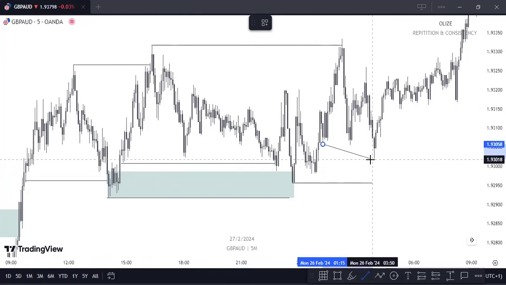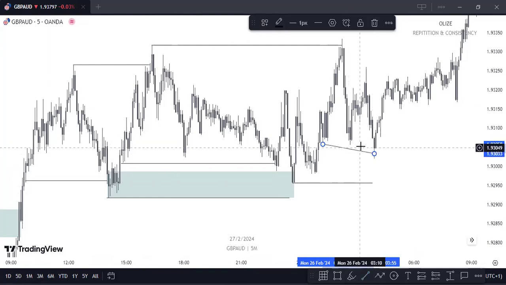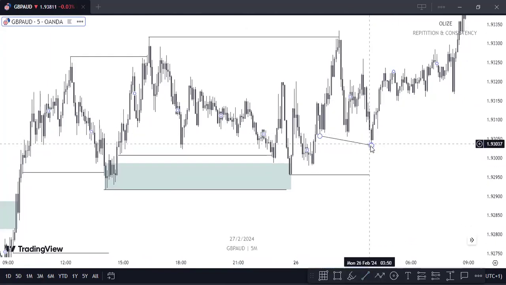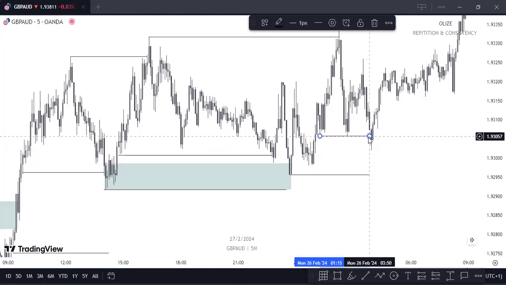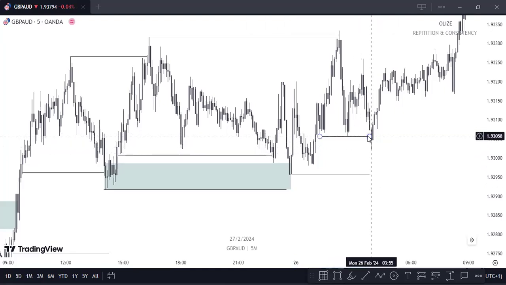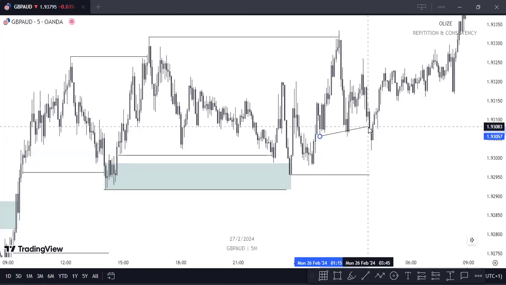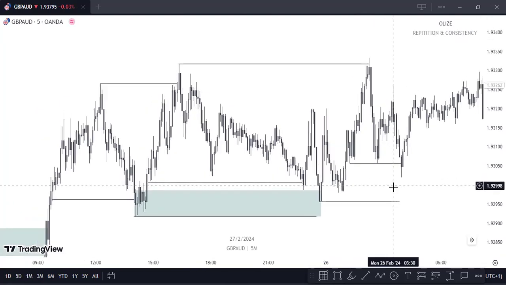This is double bottom liquidity. So this is actually a perfect liquidity, a double bottom liquidity. That's for the retail traders.